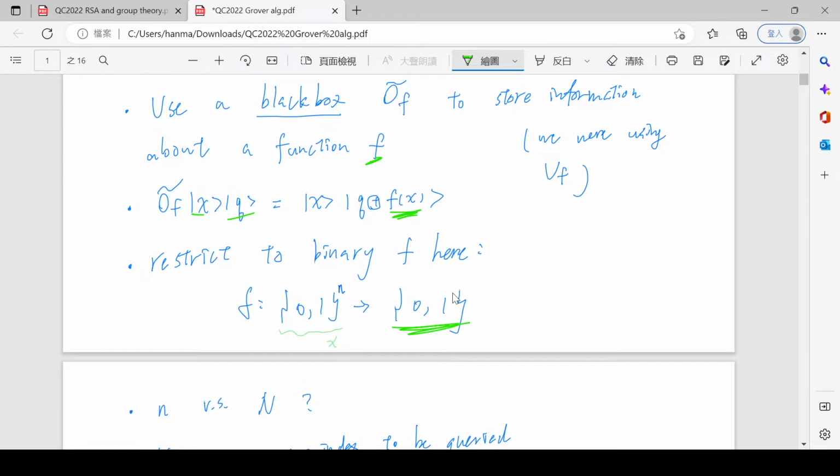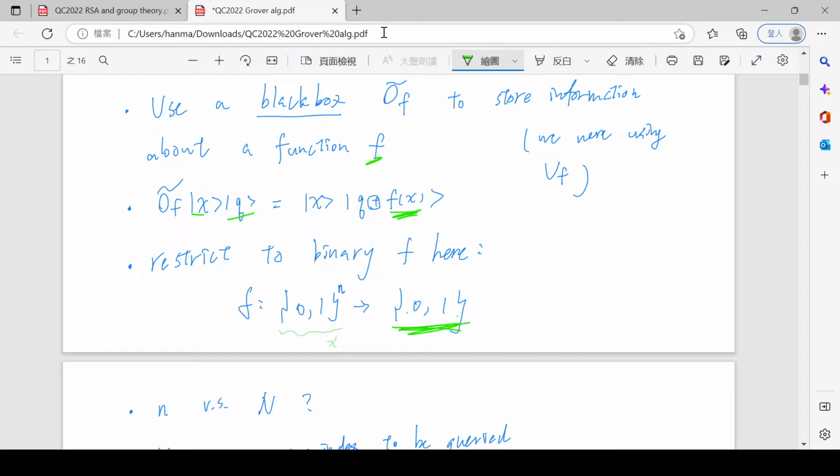And so this is really binary. So now we restrict the output to binary. For the output, we just look at it as either 0 or 1. Okay. And we have seen this quite a bit. Remember, with a binary function Oracle, we're doing the Deutsch-Jozsa algorithm or the Bernstein-Vazirani algorithm. And there's also Simon's algorithm or Shor's algorithm, where the Oracle is not necessarily binary.